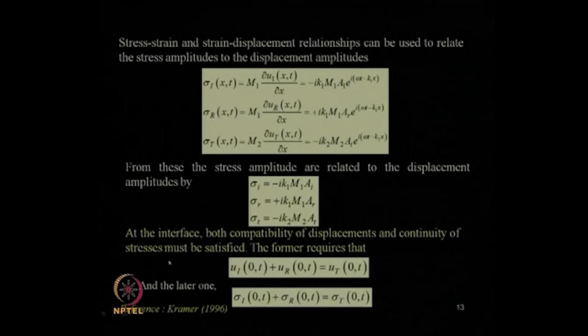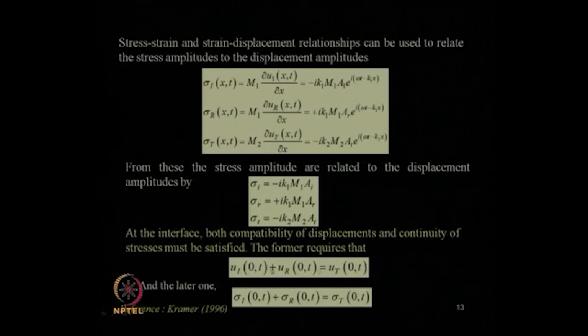Also, we had seen in the previous lecture that at the interface of two materials, the boundary conditions have to be satisfied, that is, displacement compatibility and equilibrium of stress. So, these two conditions have to be maintained. Hence, the incident wave displacement at x equals 0 plus the reflected wave displacement at x equals 0 should be equal to the transmitted wave displacement at x equals 0.